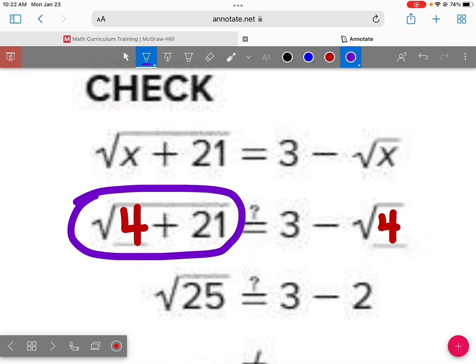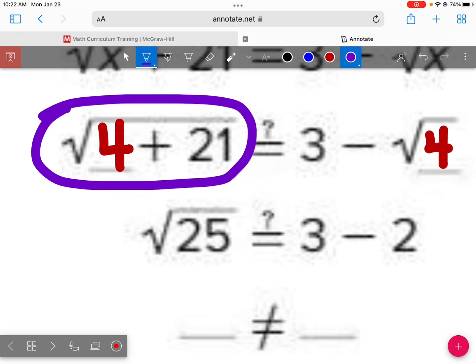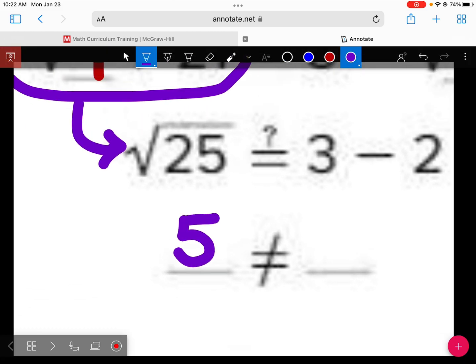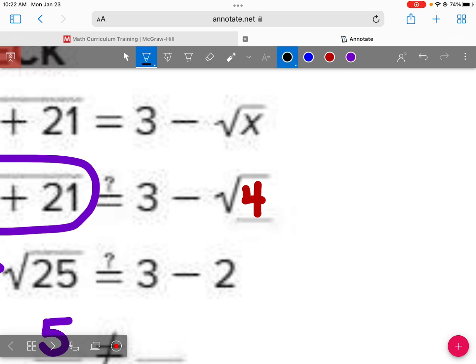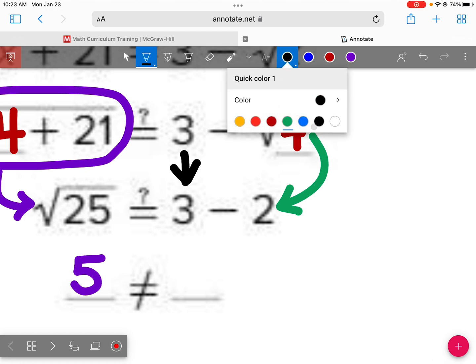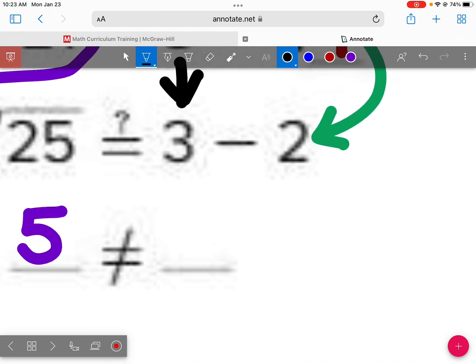What is 4 plus 21? 25, so I get 25 underneath my radical. What is the square root of 25? 5. On the other side, I brought the 3 straight down. The square root of 4 is what? 2. So I have 3 minus 2. What is 3 minus 2?